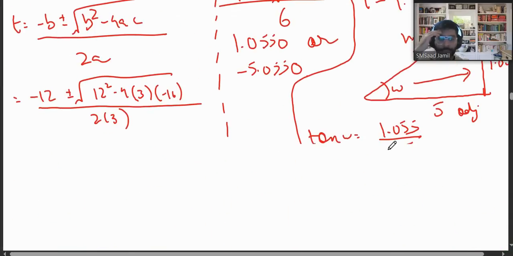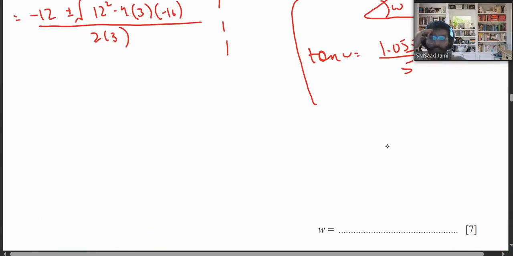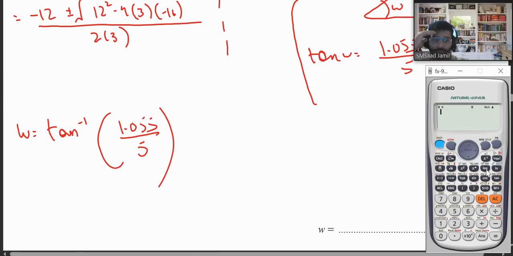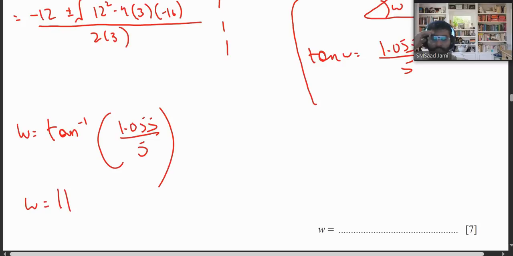W is equal to tan inverse 1.055 upon 5. So W is equal to 11.914, so 11.9, okay.